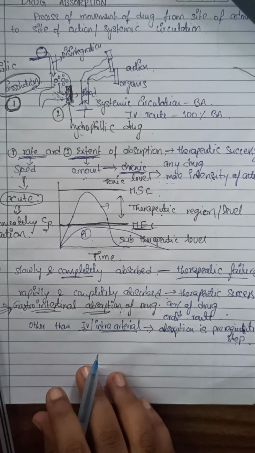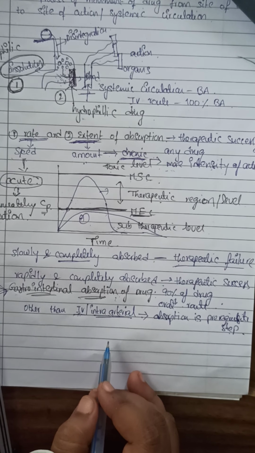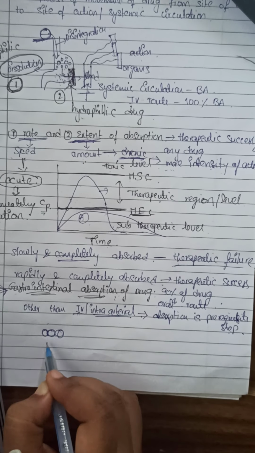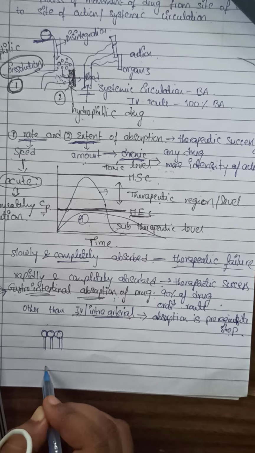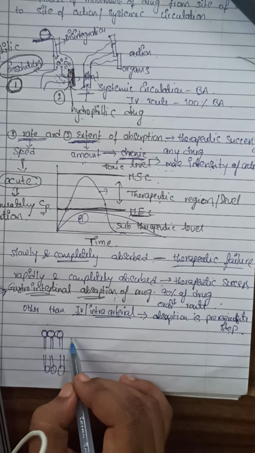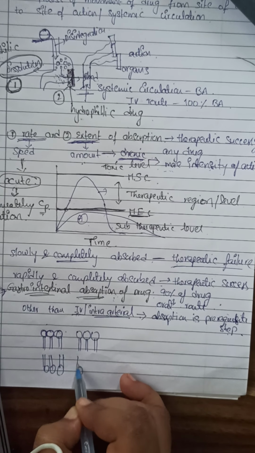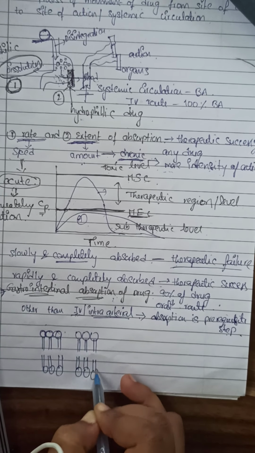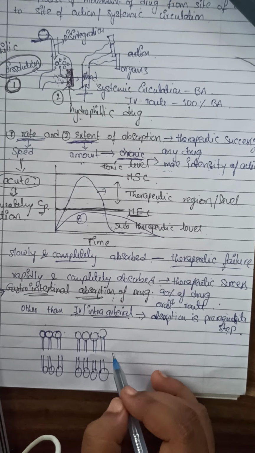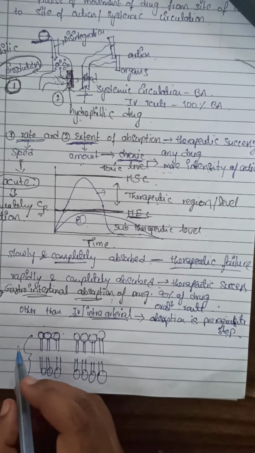The GI membrane is similar to all biological membranes. It is made of a phospholipid bilayer. Phospholipids are amphiphilic in nature.